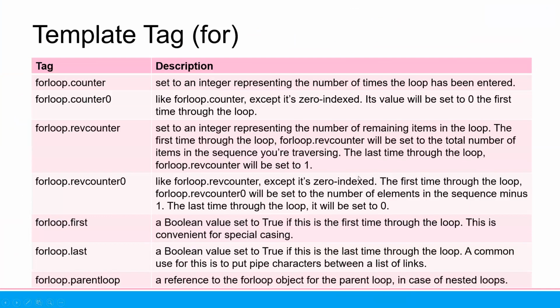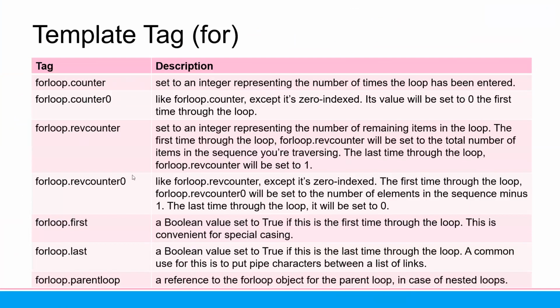Yeah, this is the more complete definition about the counter. It is an integer representing the number of times the loop has been entered. And then counter 0 is like for loop counter, except it's 0 index, so it will be set to 0 for the first time through the loop. The ref counter means the reverse.